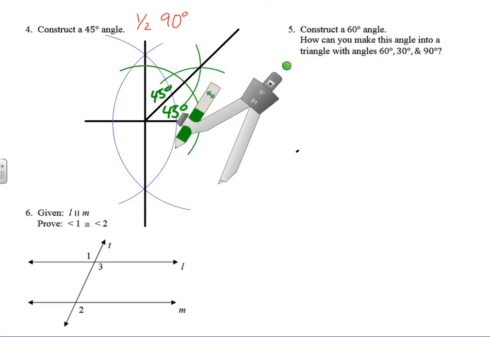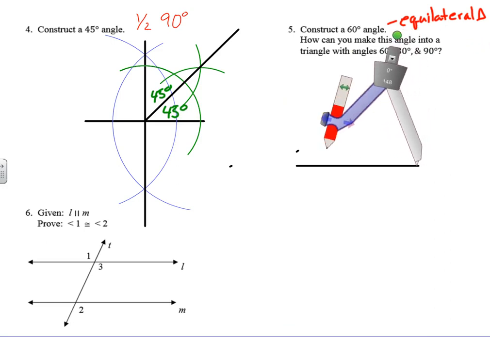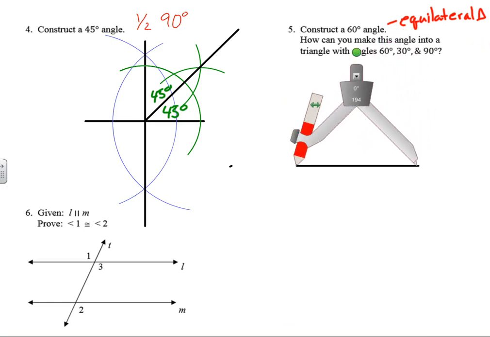So we want to construct a 60-degree angle. So we want to think of this as an equilateral triangle. We've done this in a couple of our other reviews. So again, if we're given a segment, we would use that, but we're not, so we'll just create some segment. We'll draw it with our straight edge. Okay, and we'll measure with our compass.